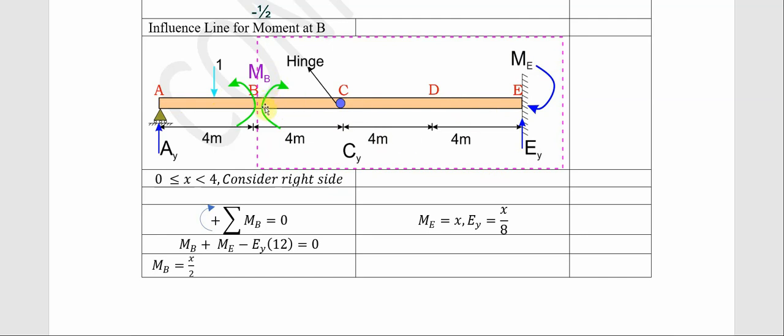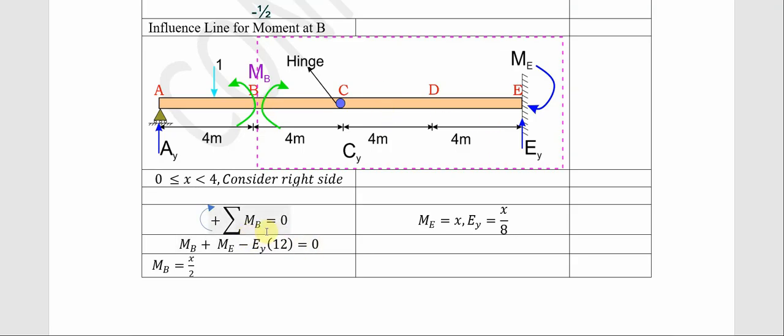Now this one is coming clockwise, which is positive. This one is coming clockwise, which is positive. But this EY, because we are taking moment about B, is coming anti-clockwise, and it's going to travel a distance of 4 plus 4 plus 4, that's 12. So minus EY times 12. That's why we have this to be equal to 0.